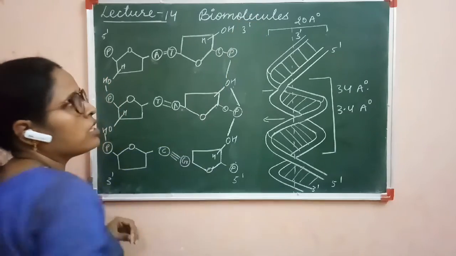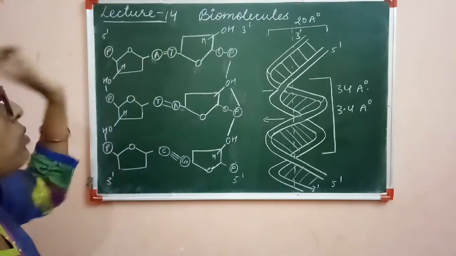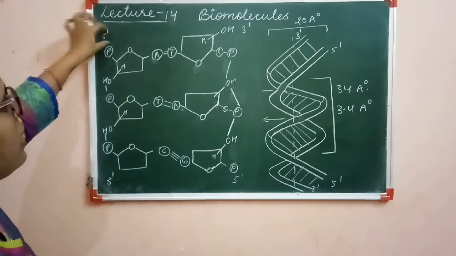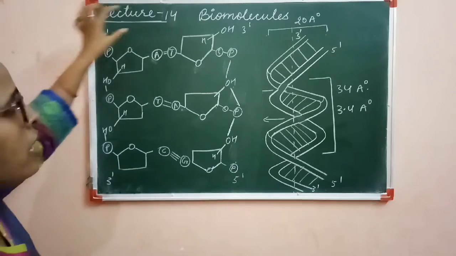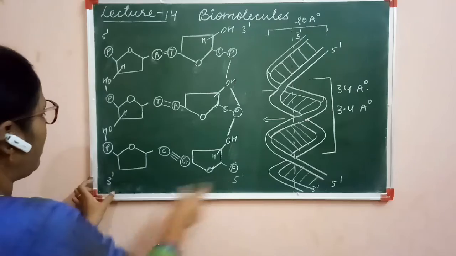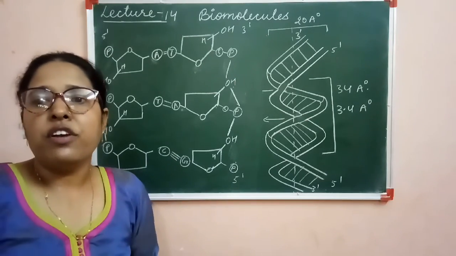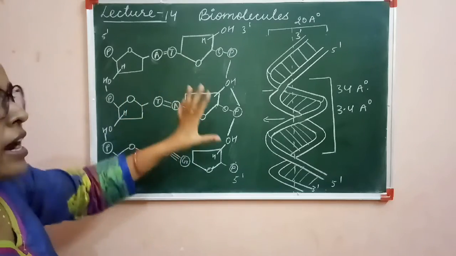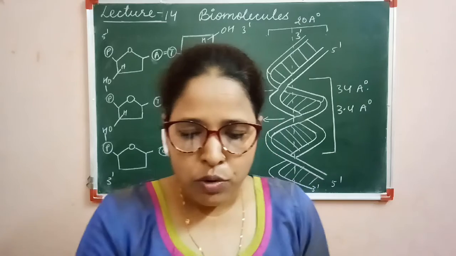So in case of this, the 3rd carbon is free. So here the antipolarity is present. This is the 5' end, and this is the 3' end, because in this case the 5th carbon is free, and in this case the 3rd carbon is free. In this strand, 3rd carbon is free, and here the 5th carbon is free. So this is the antipolarity, and this is the skeletal structure of the DNA molecule.